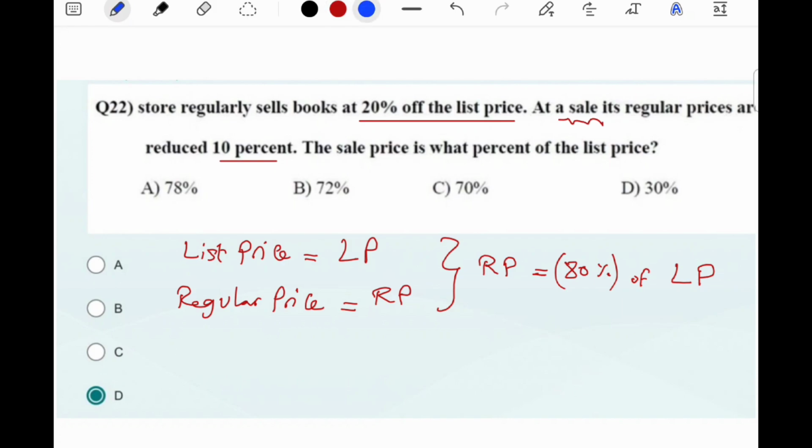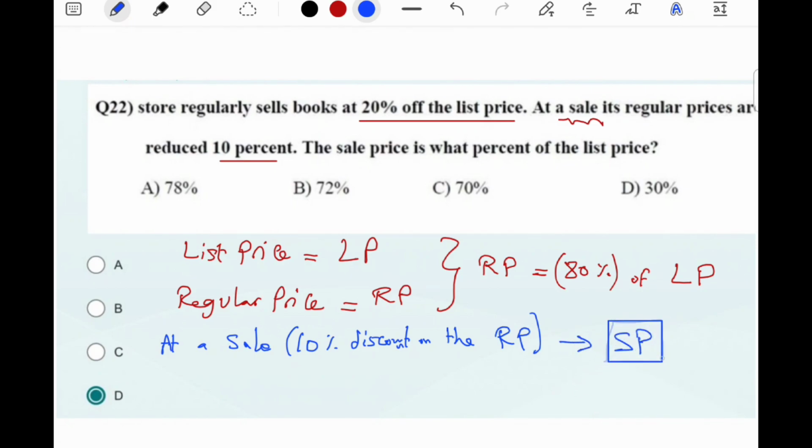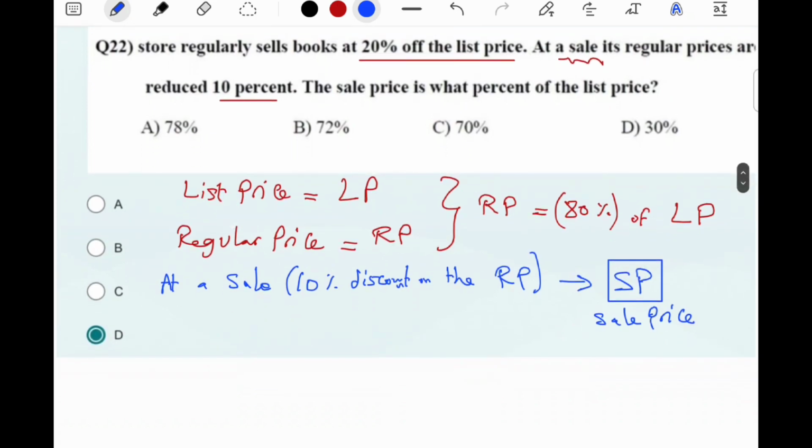So at sale, we start to have 10% discount on the regular price, RP. Let's call this the sale price, SP. This means that the sale price is equal to 90% of the regular price.